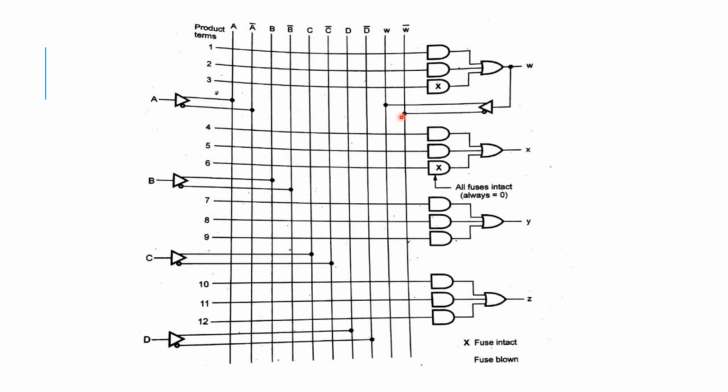Commercial PAL devices contain more gates than the one shown in the figure. This is only for our representation. A typical PAL integrated circuit may have 8 inputs, 8 outputs and 8 sections, each consisting of an 8-wide AND-OR array. The output terminals are sometimes driven by 3-state buffers or inverters.